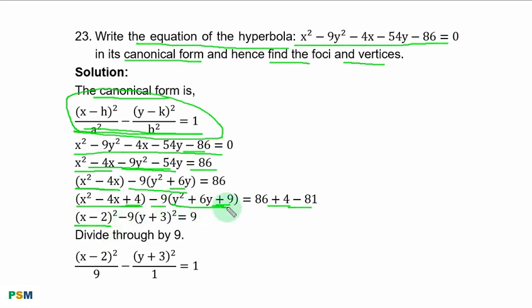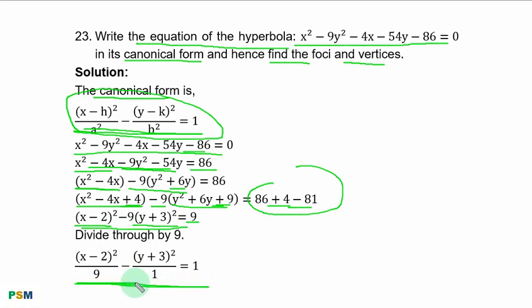Factorize from here, you have this result. You simplify the right hand side, you have 9. To have the required form, divide through this result by 9. You have it in this form.